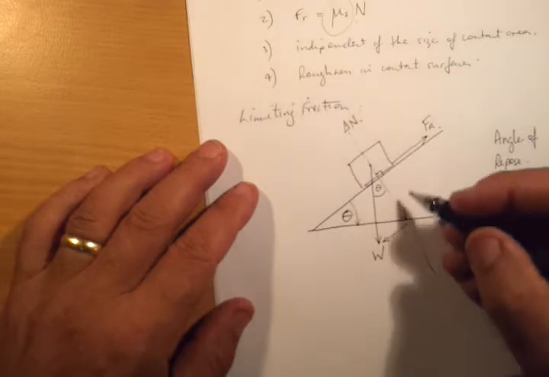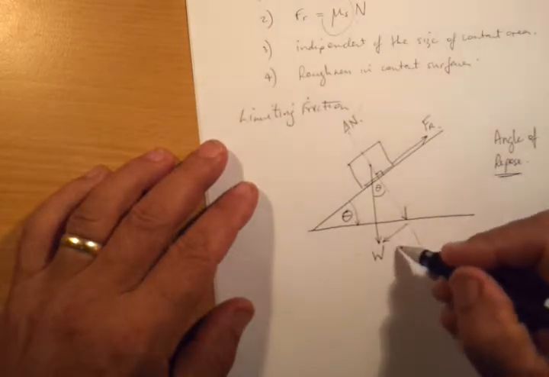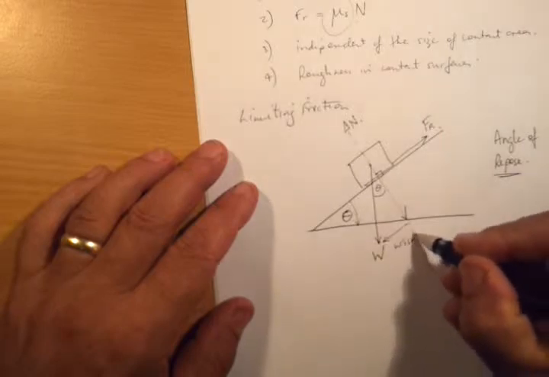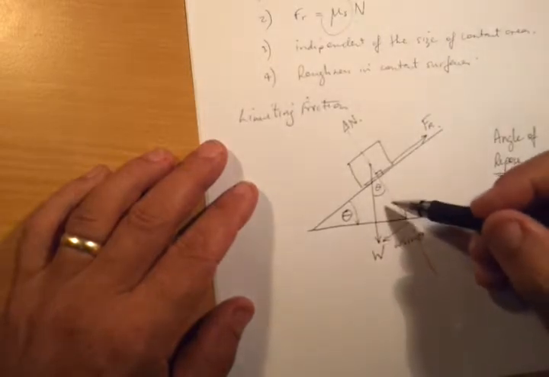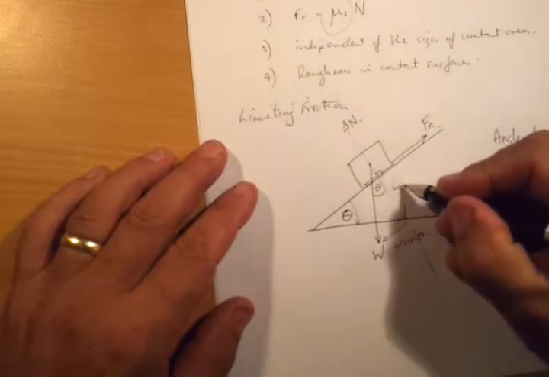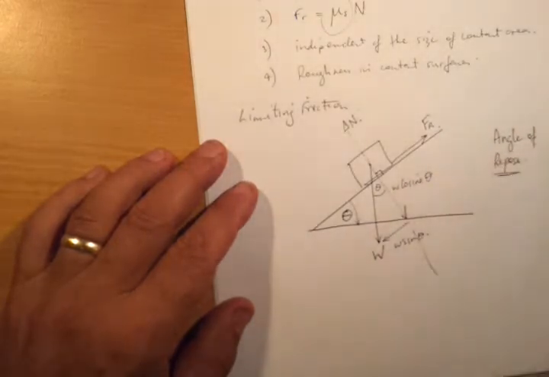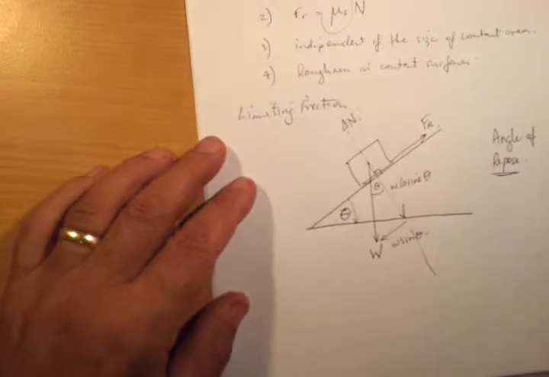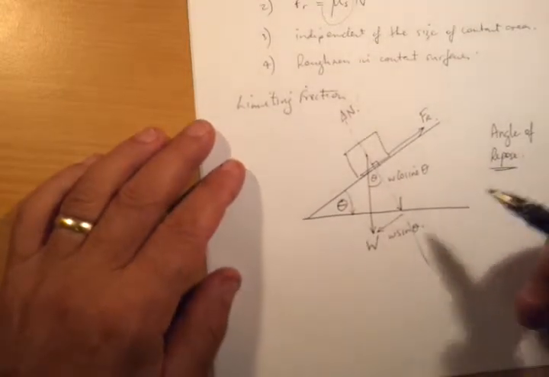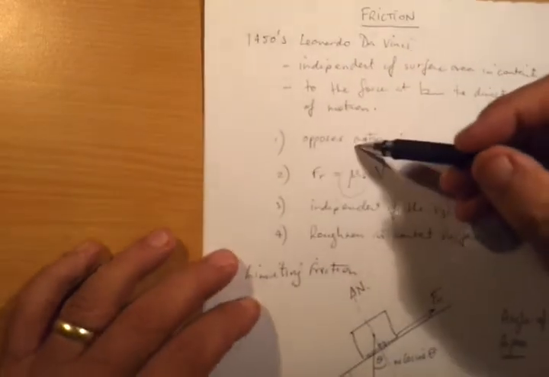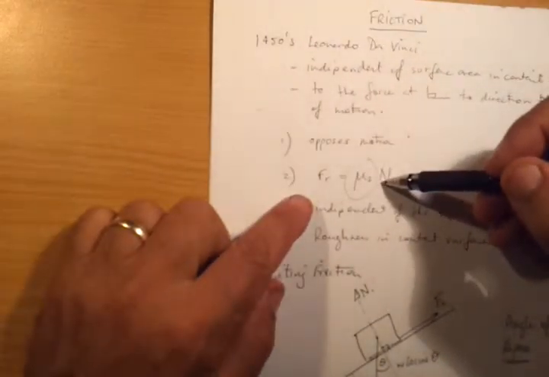Now, if we look at this triangle that I've got sitting up inside here, these forces resolve to W. This one here, using basic trigonometry, will be W sine theta. This force here will be W cosine theta, or cos theta. Now that in itself is useful for us, because we know that friction is related in this formula that we've used over here.